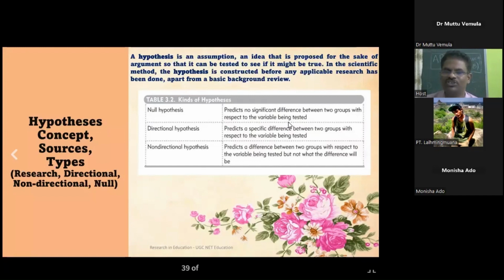Now this says no significant difference, therefore it is null hypothesis between two groups. Then directional hypothesis predicts a specific difference between two groups with respect to the variable being tested. Girls' performance will be better than that of the boys as a result of multimedia teaching. Now what is this hypothesis? It is a directional hypothesis.